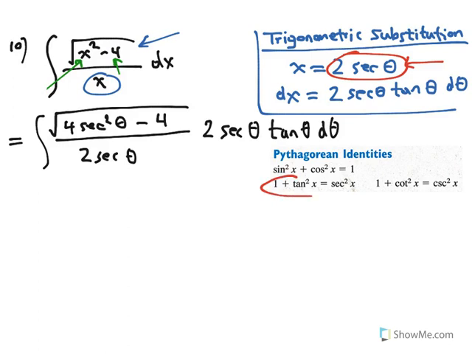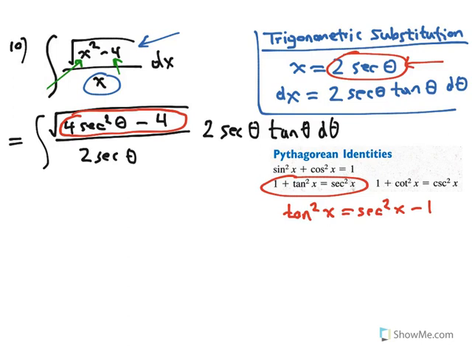We will in fact be using the Pythagorean identity 1 plus tangent squared x is equal to secant squared x. And of course you can manipulate that by subtracting 1 from each side. And then that would give you tangent squared x is equal to secant squared x minus 1. So that's what we will be using here to help us eliminate the radical expression.